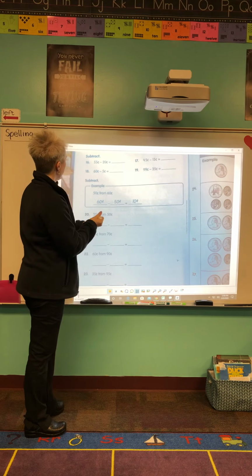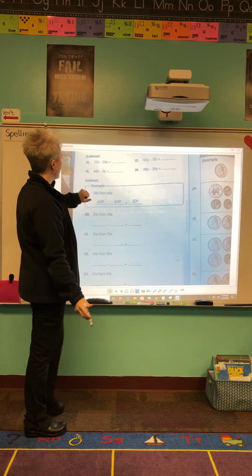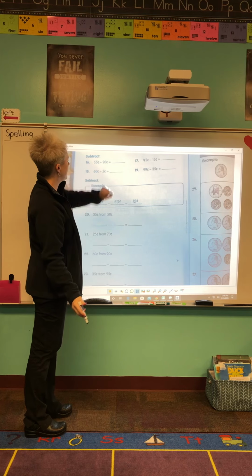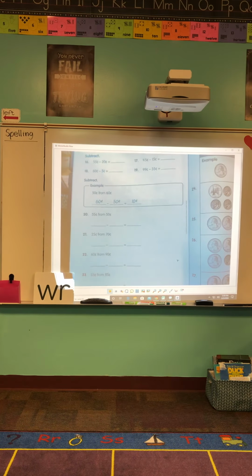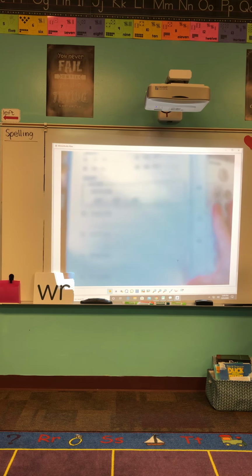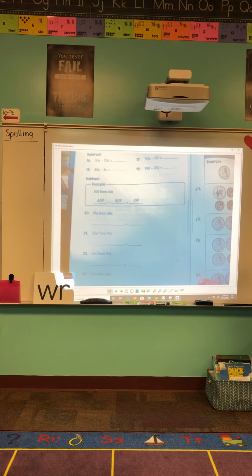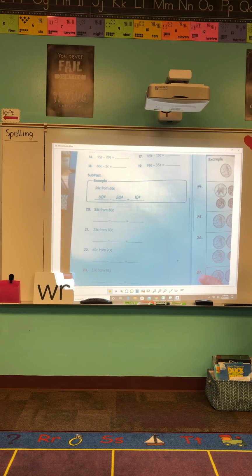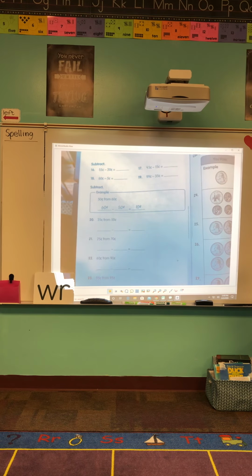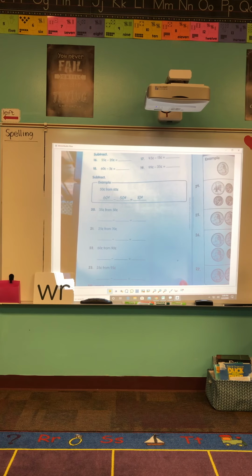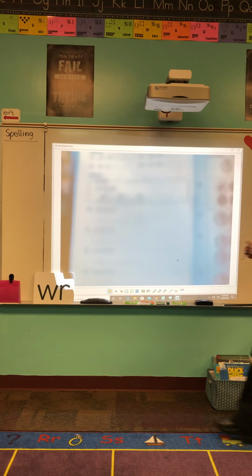So our first one, it says subtract at the top. 55 cents minus 20 cents. I don't know why we're so blurry today. Let me try to fix that up for you. That's a little better. There we go.